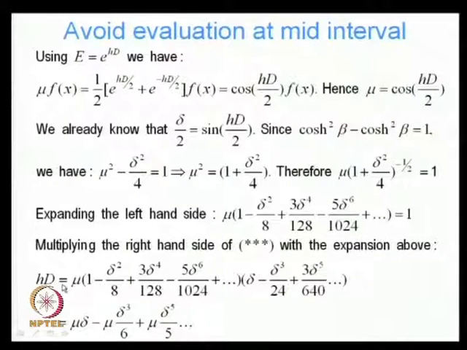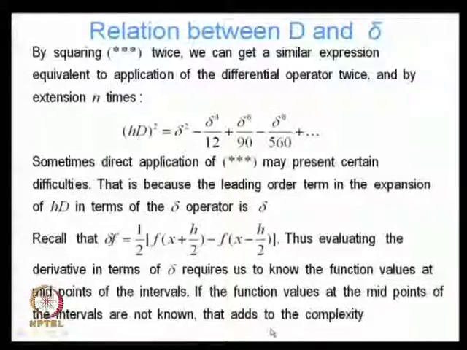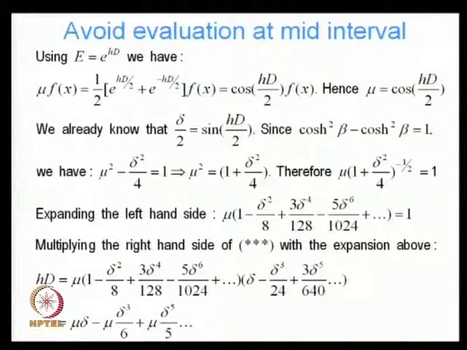So, I can get h d is equal to mu times that times this, right, that was already there. So, I get this, I get that, I get this. I might have a factor of 2 missing, I am not so sure, let us check.